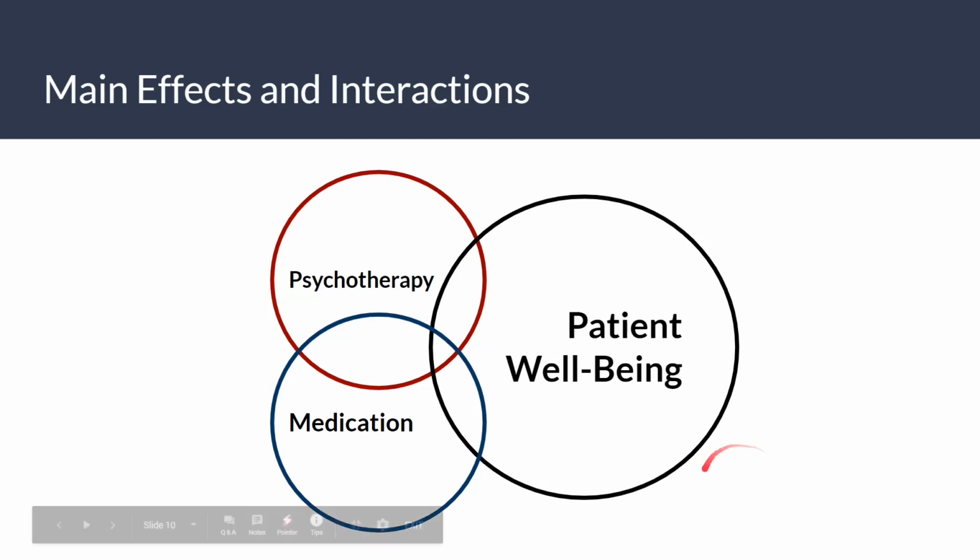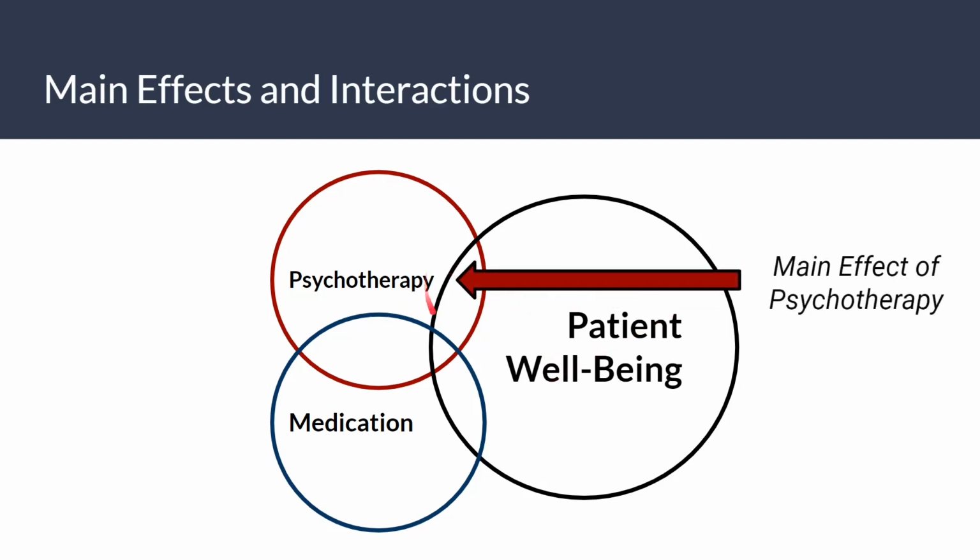So we know that these two on the left are the two independent variables, and this would be our dependent variable. Now, there is a part here that overlaps between therapy and well-being, meaning this is the part of the dependent variable that comes from therapy. Some aspects of your recovery are explained by therapy.